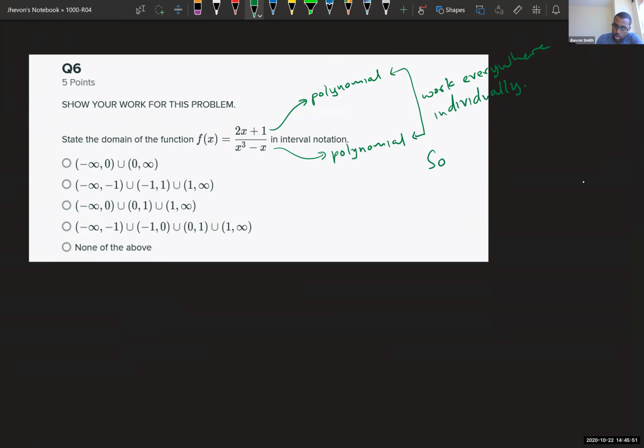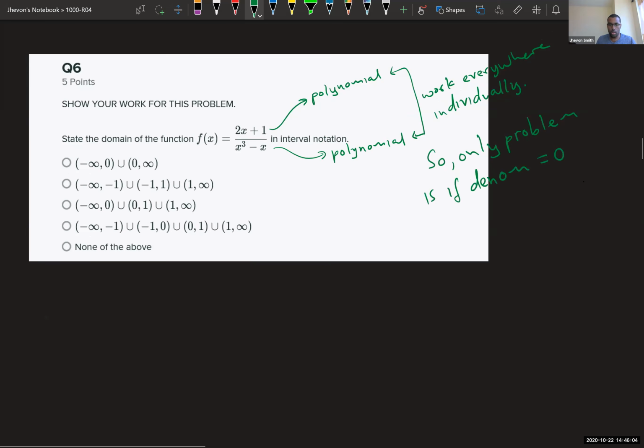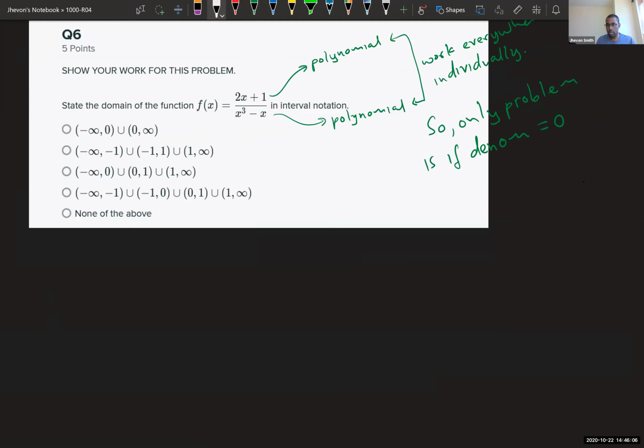And so the only problem is if the denominator equals 0. So here, I just need to check where the denominator equals 0.